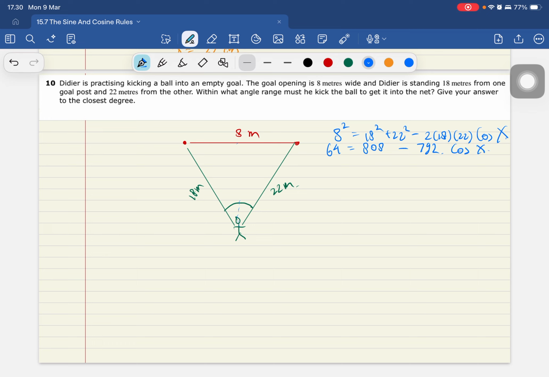We can rearrange it: 792 cos x equals 808 minus 64, so cos x equals 744 divided by 792, which is 0.93.